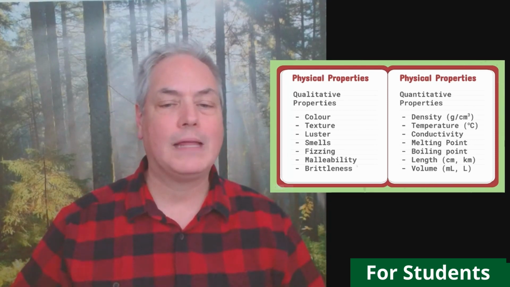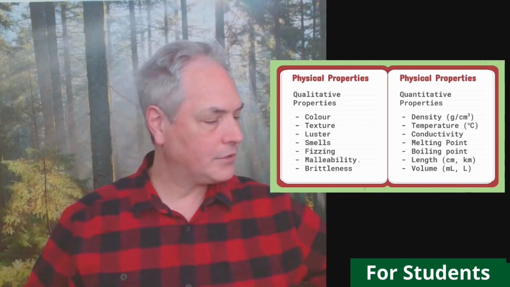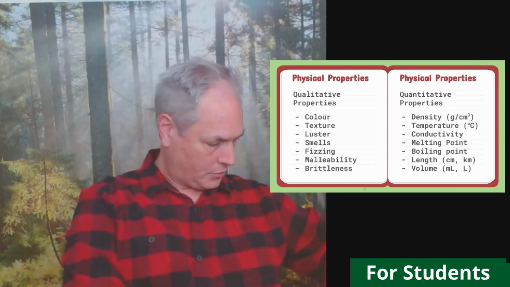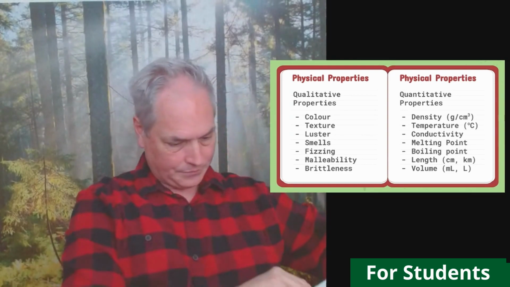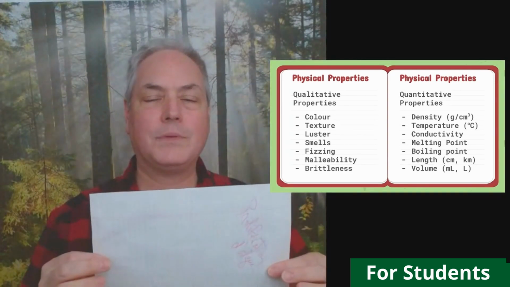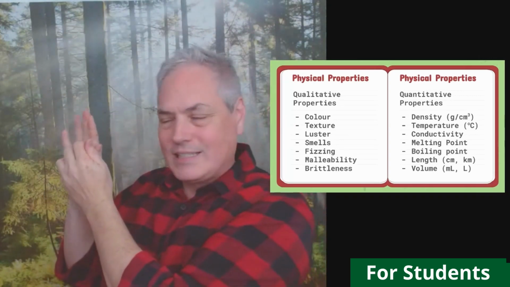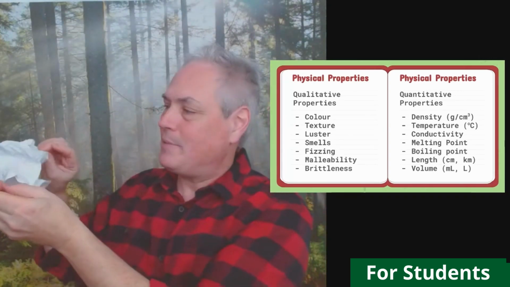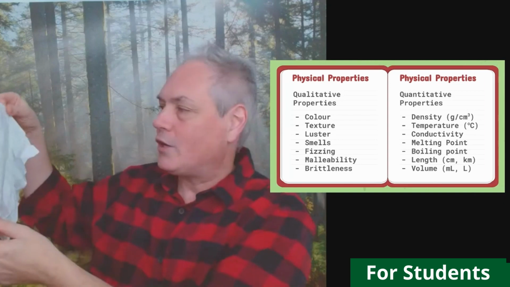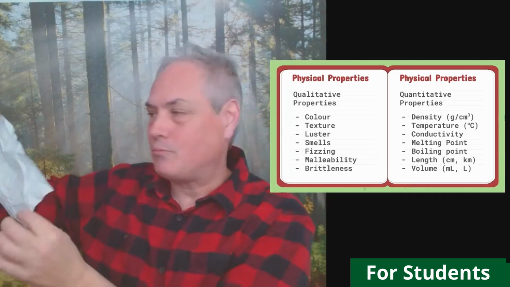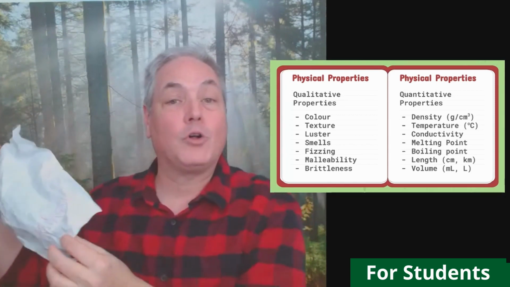And there's also the malleability. Often the best one I have is a piece of paper. So we have here a piece of paper. If I crumple it like this, we still have paper. So the property of that piece of paper is still the same, even though I bunched it in a small ball.